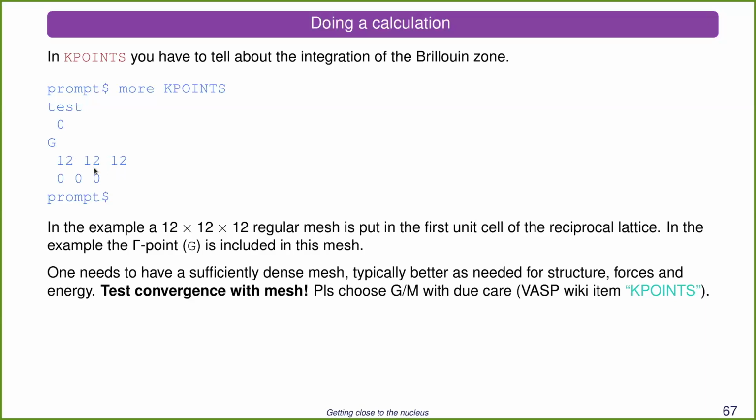Typically it should be better than what you need for the other standard properties, structure, forces, and energy. Often you need a slightly denser mesh for the shieldings. The wiki explains how to test convergence and how to choose the mesh depending on the symmetry of your crystal; that is now very well explained.